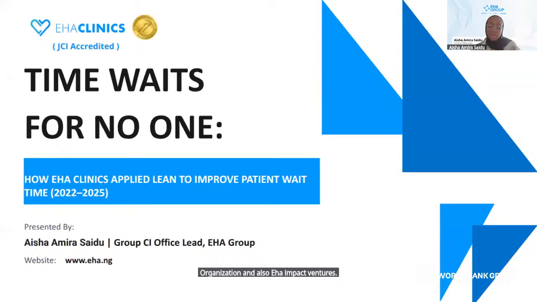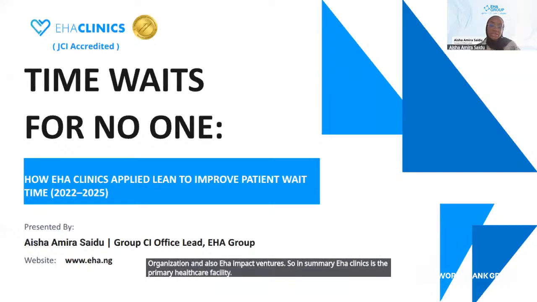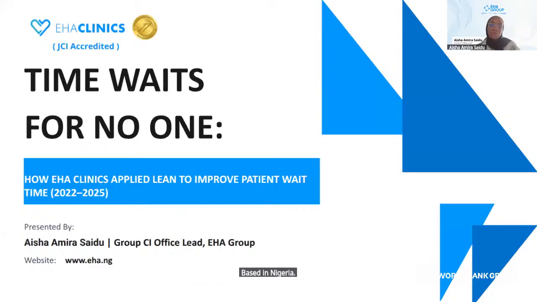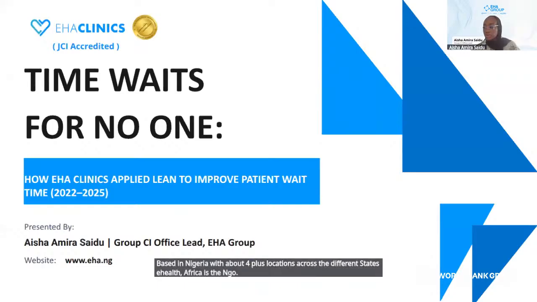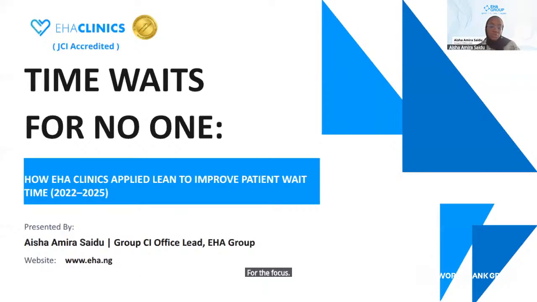So, in summary, EHA Clinics is the primary healthcare facility based in Nigeria with about 4+ locations across the different states. eHealth Africa is the NGO arm for EHA Group, and then also EHA Impact Ventures is an investing company for women-led businesses.